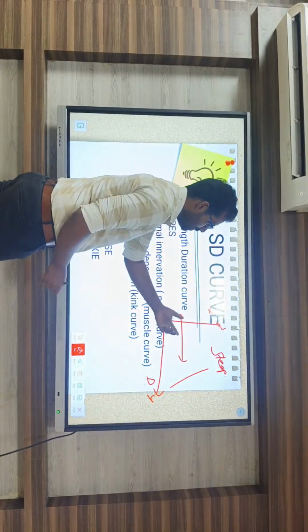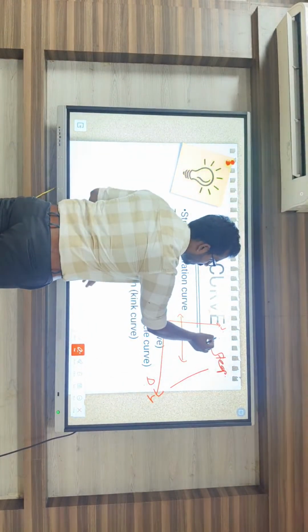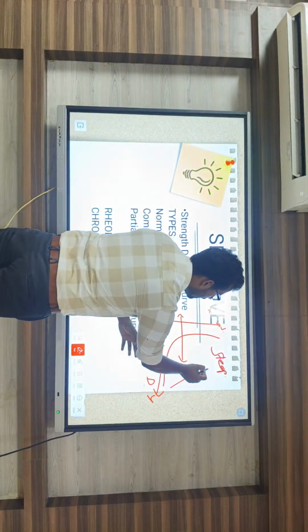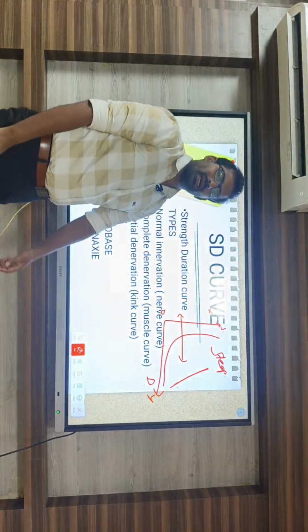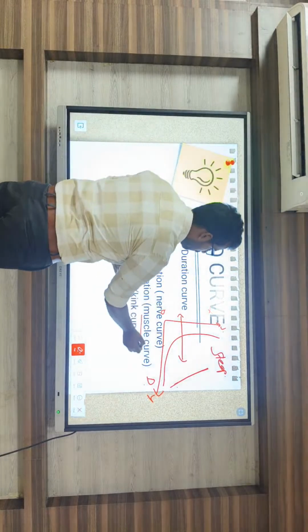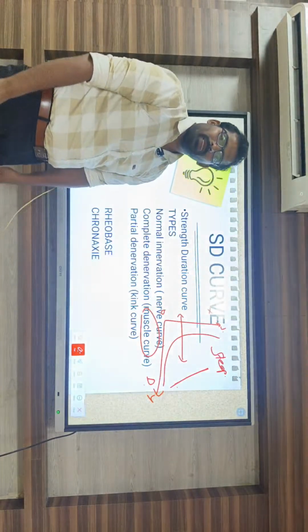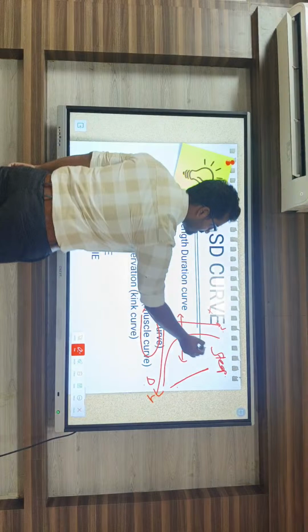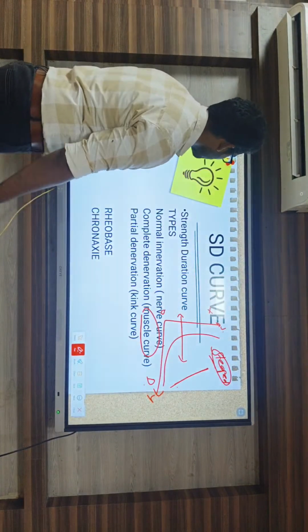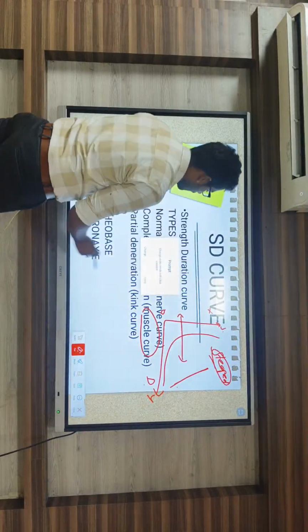The angles do not look like this. It is totally shifted to the corner because there is no single nerve fiber supplied to the group of muscle. That's why it is known as the muscle curve, which is the steeped curve, S-T-E-E-P-E-D.